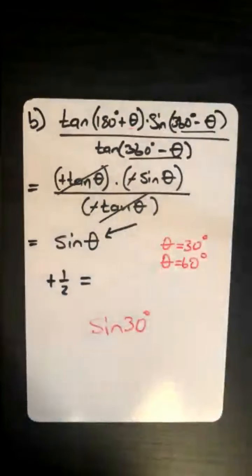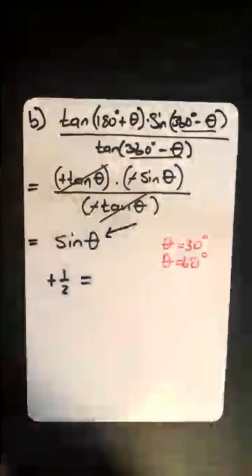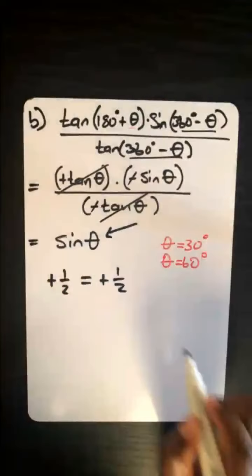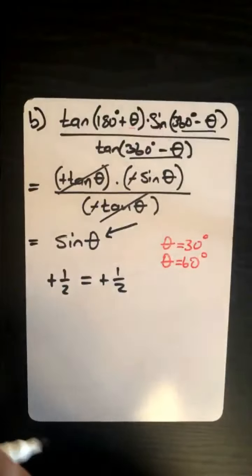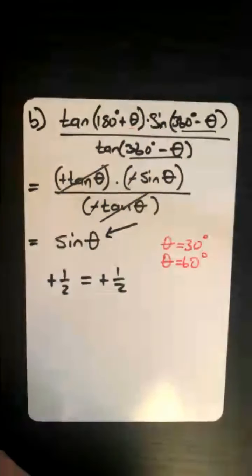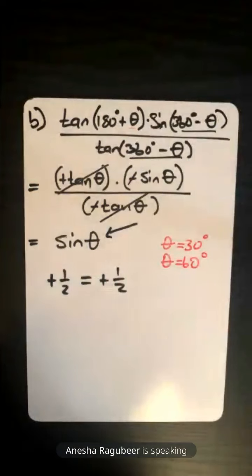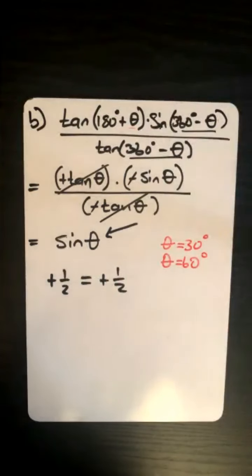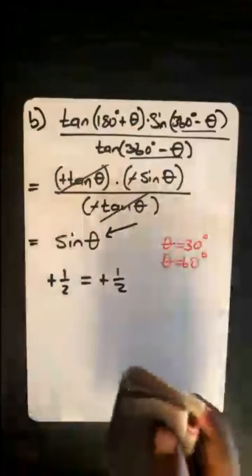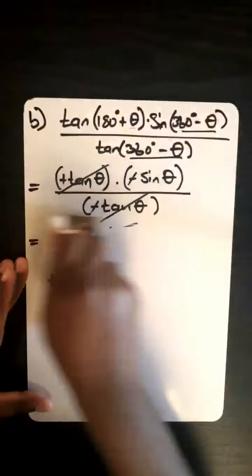So that 30 degrees gives us 1 over 2. What does it mean? The answer is correct.